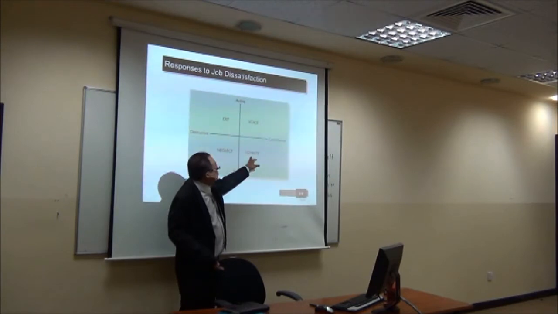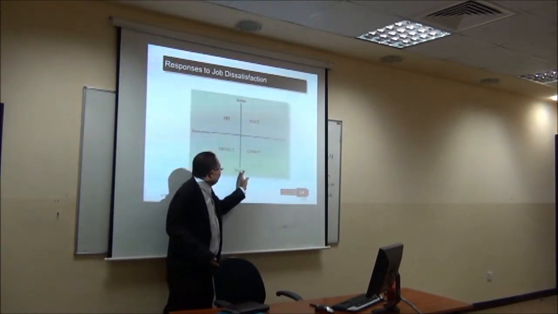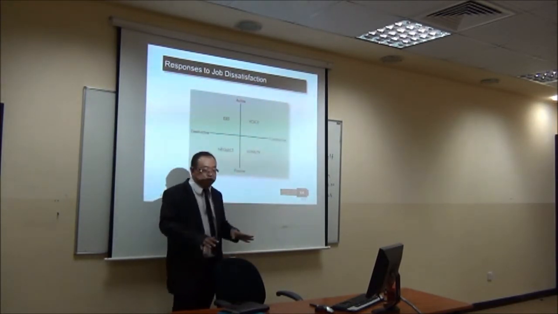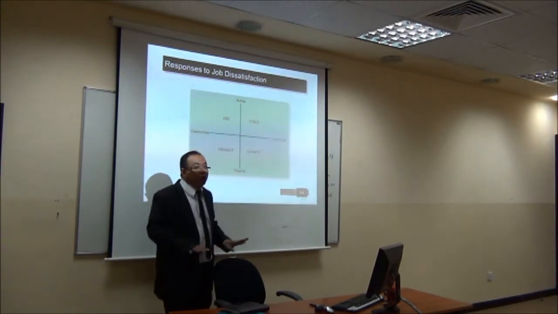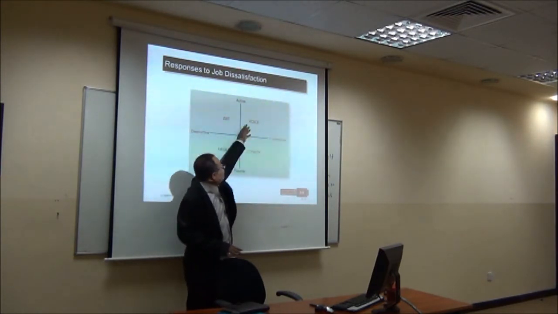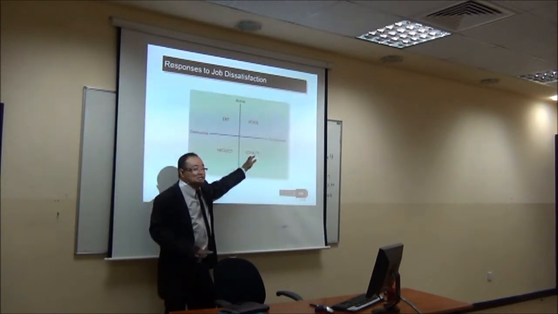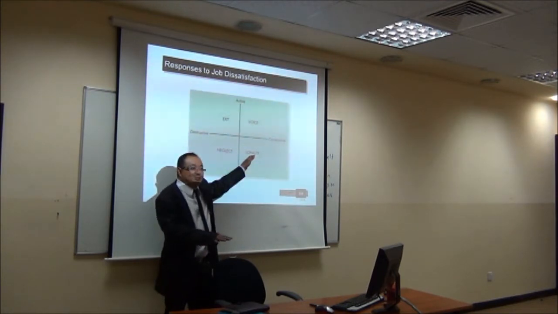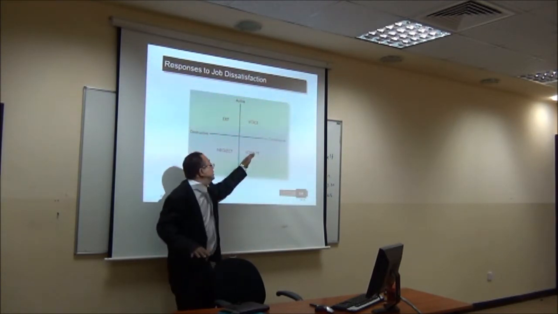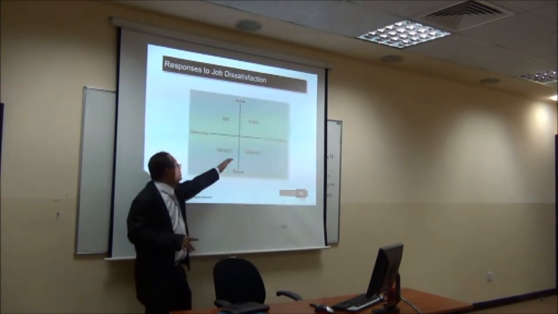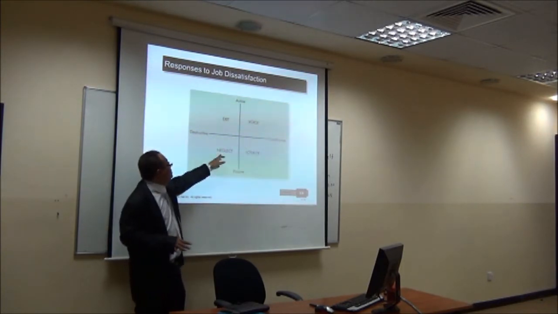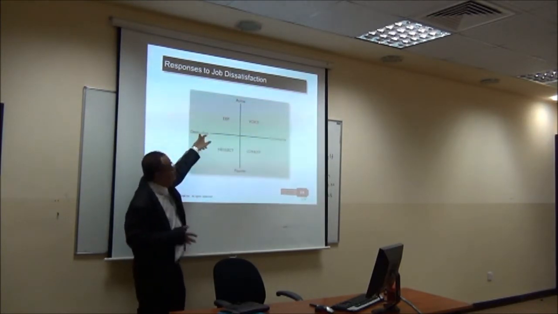they go to this stage which is loyalty, constructive and passive. Why is it passive? Because this person is no longer doing anything. After voicing out, they wait and still remain loyal to the organization. They wait hoping for things to change. And if things don't change, they'll go to the next stage, which is neglect, passive but destructive.